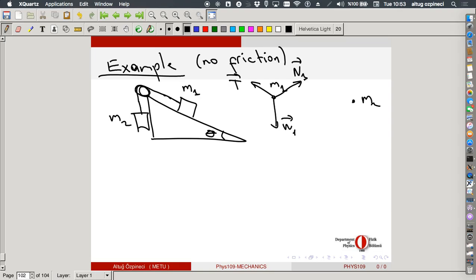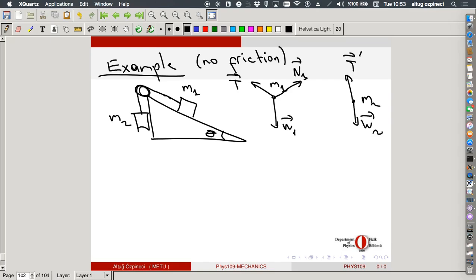For m2, what are the forces acting on m2? Tension and weight. There is the weight, omega 2, and there is the tension, let's call it T prime.